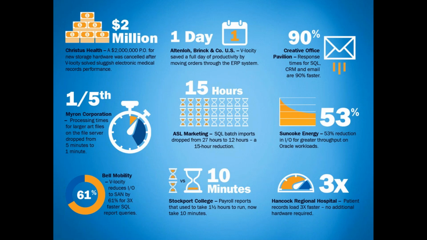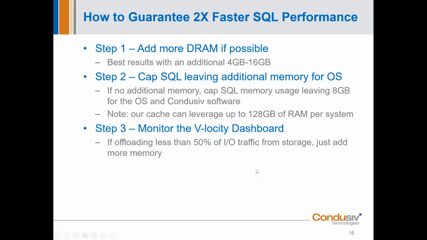Pretty amazing. The ASL marketing here, look at this. We reduced their batch import time by 15 hours. Crazy numbers. In Creative Office, response time for SQL and other applications, 90% faster. Really pretty impressive numbers, and you can see the others here.